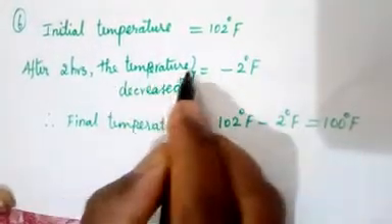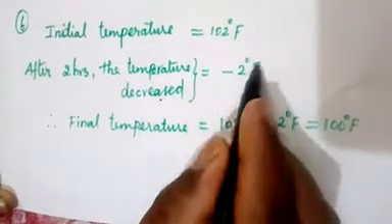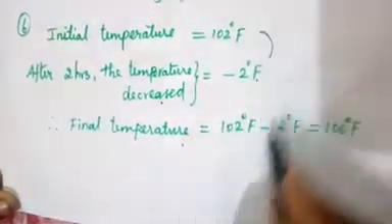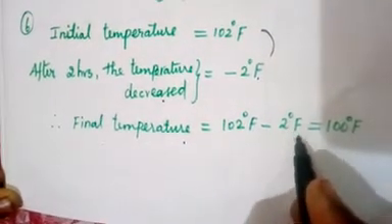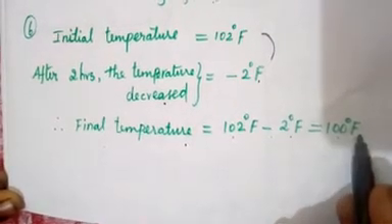After 2 hours, the temperature decreased, so minus 2 degrees Fahrenheit. For the final temperature we subtract these two: 102 degrees Fahrenheit minus 2 degrees Fahrenheit. That is 102 minus 2, 100 degrees Fahrenheit.